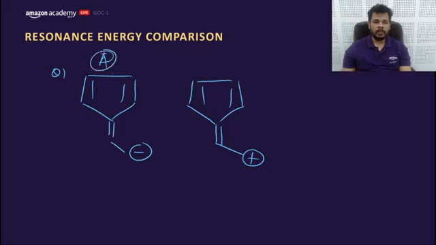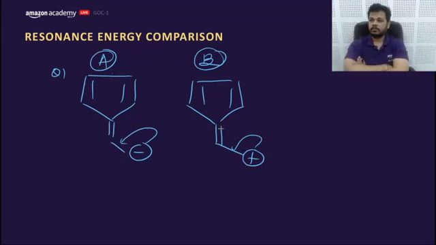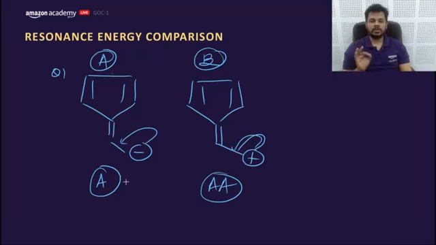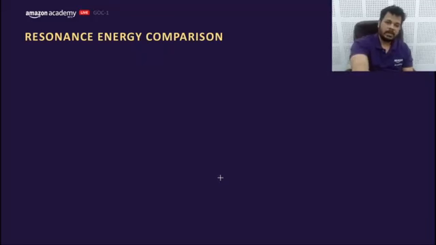Try to shift this positive charge into the ring. If you move the negative charge into the ring, you will find it aromatic, and if you move the positive charge inside the ring, you get it anti-aromatic. That means the quality of resonance of aromaticity is better compared to anti-aromaticity. So this is the way of answering resonance energy.